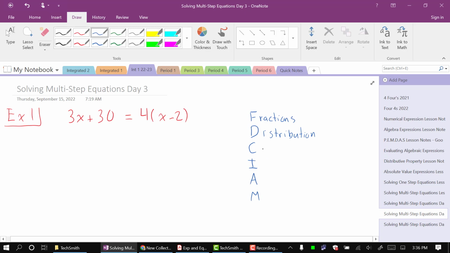This is collect like terms. This is isolate the variable. This is add or subtract. And then multiply or divide.